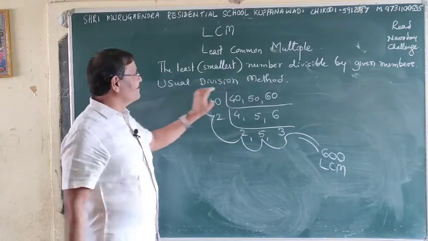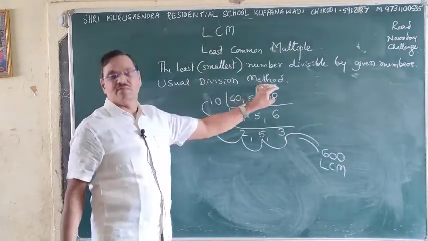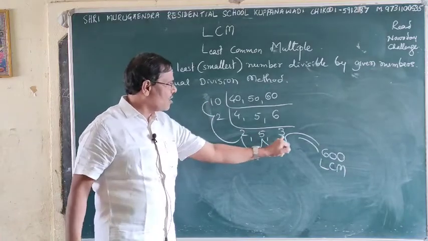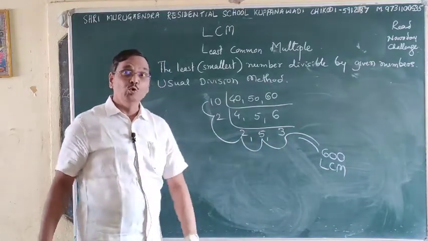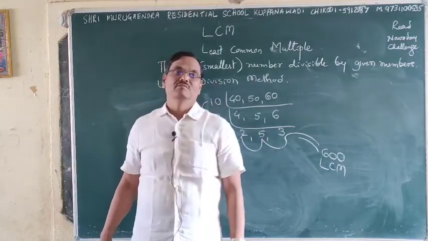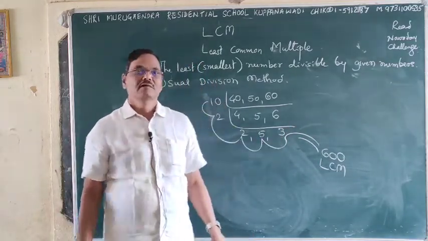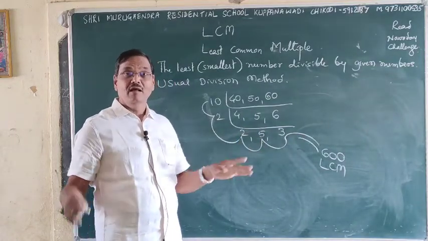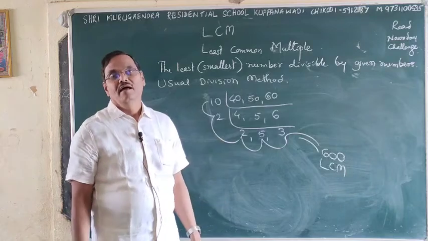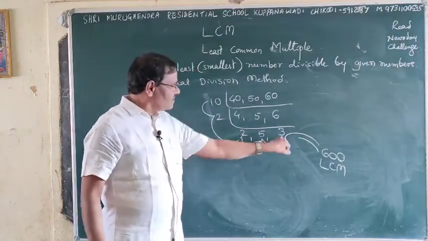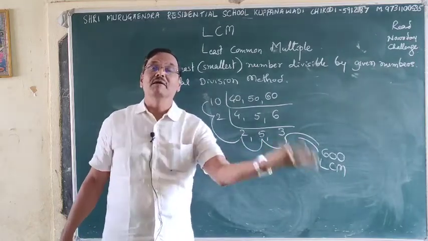Okay? What method is it? Usual division method. Okay? See, here uncommon. If 2 prime numbers are there, then you will go 2 only, because your sum will be wrong. Here 2 2s are there, you are not multiplying it, then you will be going for 2. 2, 5, 3 are different prime numbers.